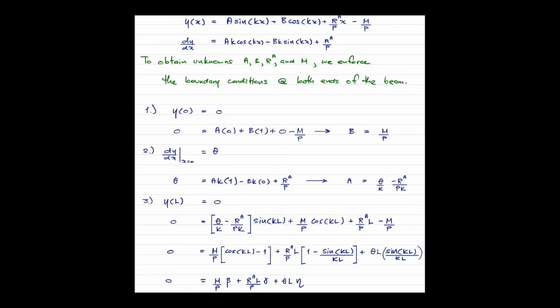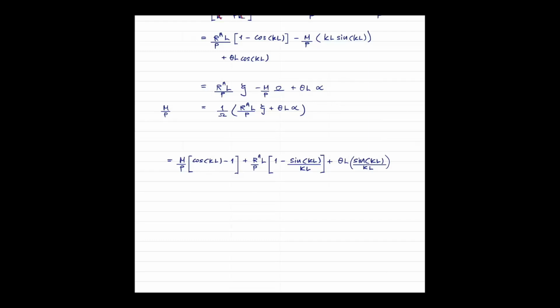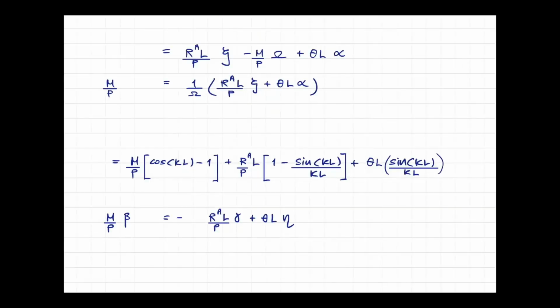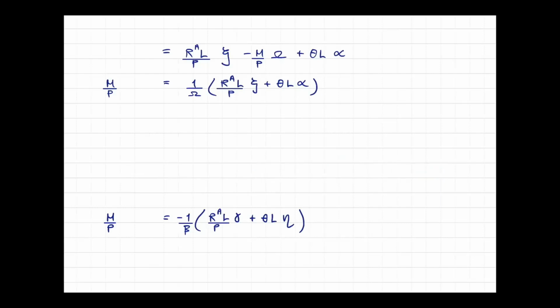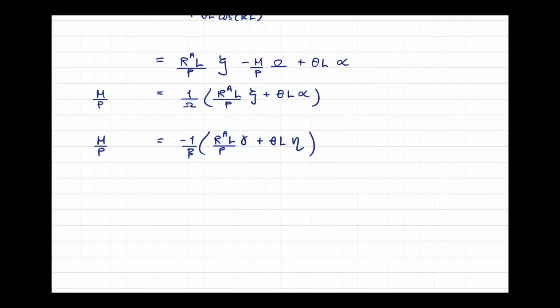So basically M over P is going to be minus 1 over beta, and then these things in the bracket. Okay, so I can equate these two, right?